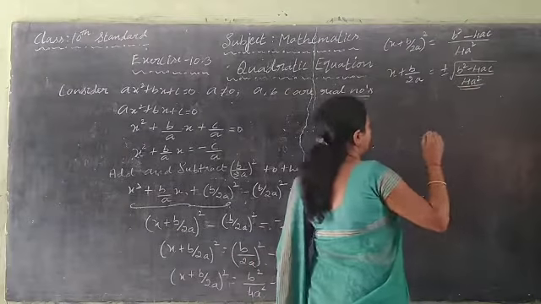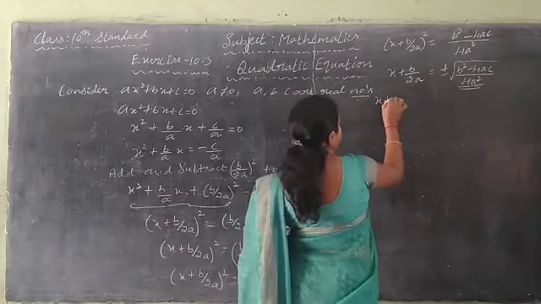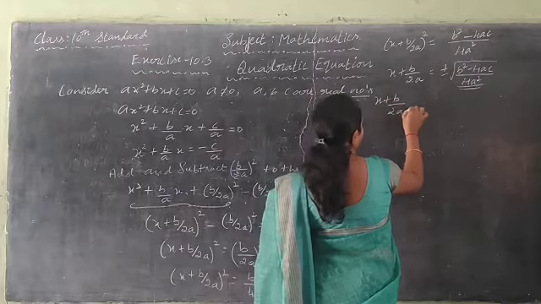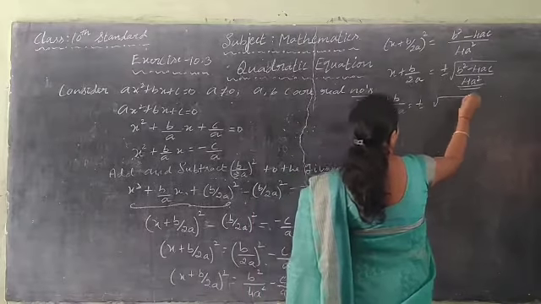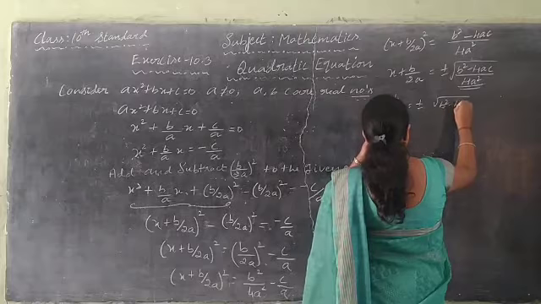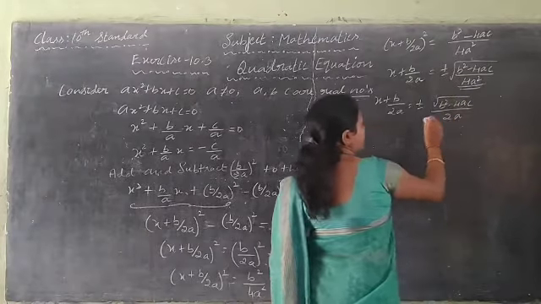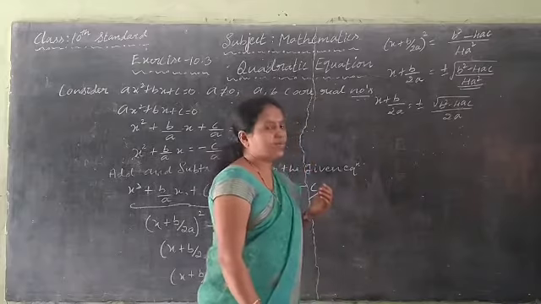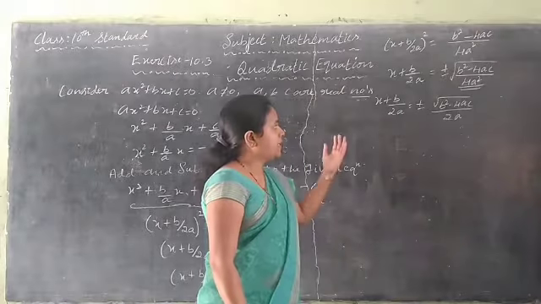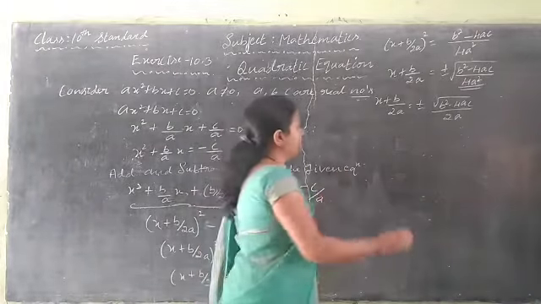We take the root of that 4a²: x + b/2a equals plus or minus the square root of b² − 4ac, divided by 2a. The square root of 4 is 2, the square root of a² is a. Got it?